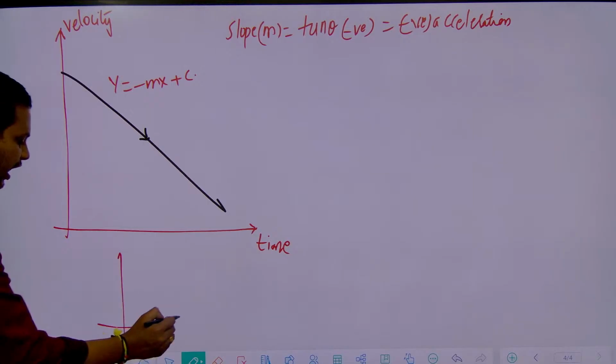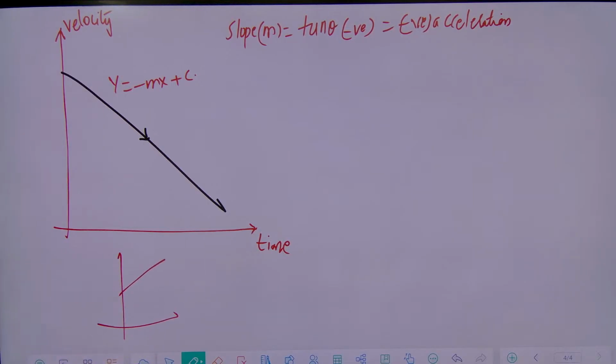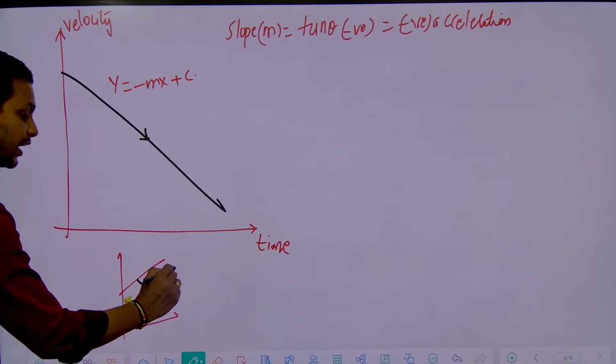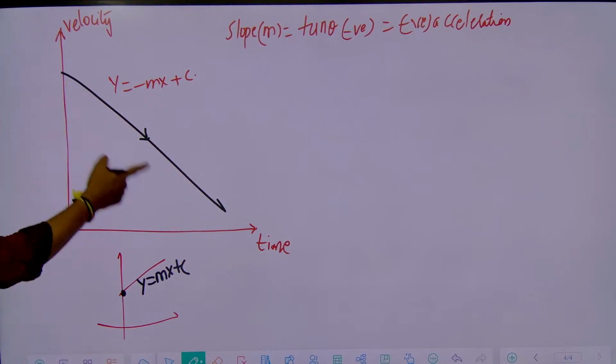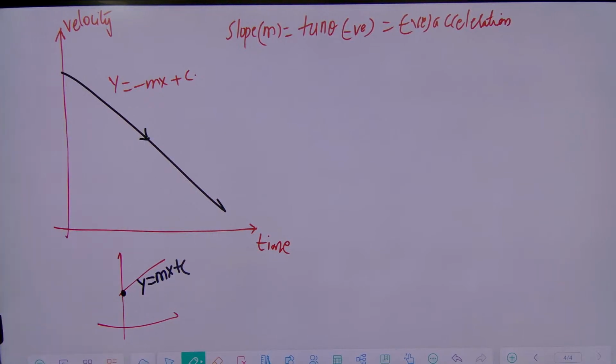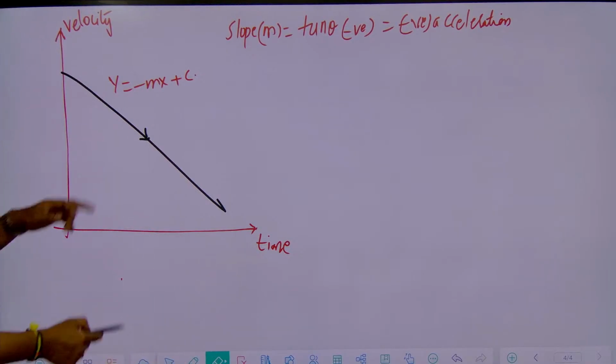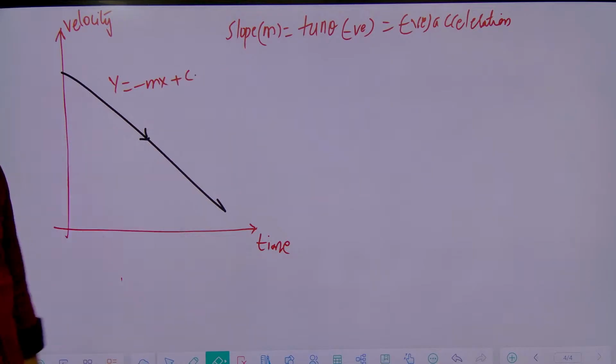So what is the graph of this one? What is the graph equation? y is equal to mx plus c. And this one is minus mx plus c. So therefore here slope is what? Negative. Minus mx means slope is negative.